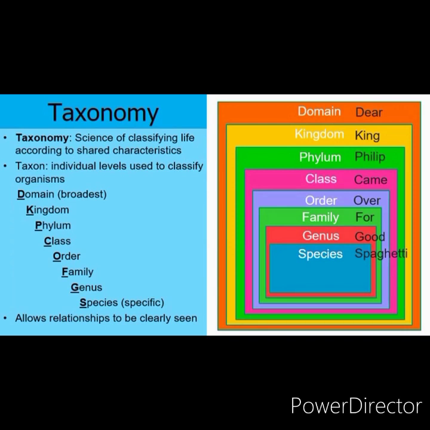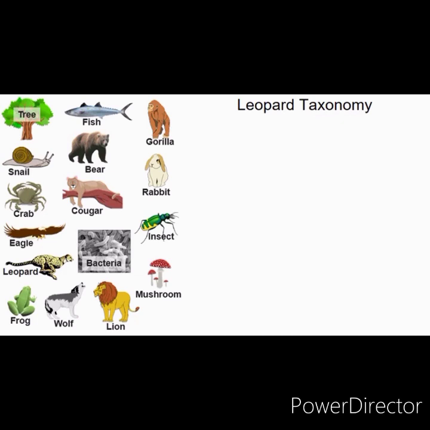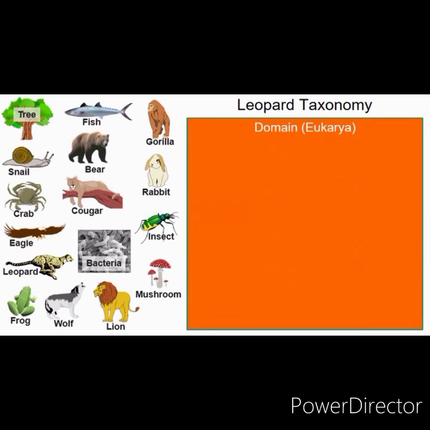Well, let's look at an example. The taxonomy levels of a leopard. You can see there's a bunch of organisms in this collage, and the leopard is one of them. A leopard is in the broad category, the domain called Eukarya. Eukaryotes are organisms whose cells have a nucleus and membrane-bound organelles.